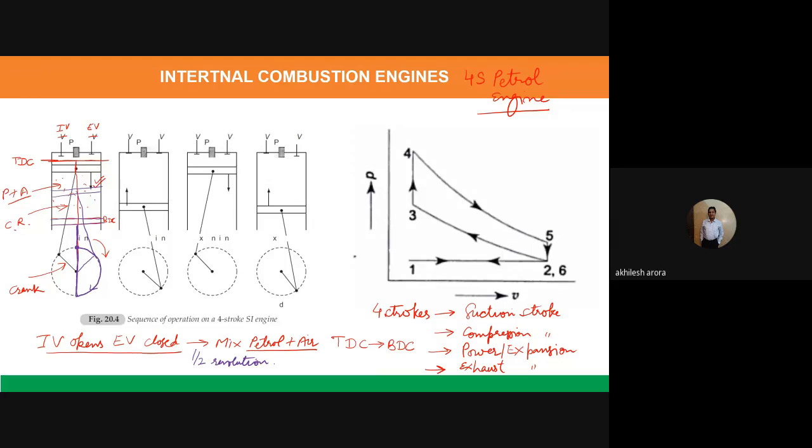Now consider the second stroke. The second stroke is the compression stroke. During the compression stroke, as I told you, the piston is here, the connecting rod is here, and the crank is here, and this crankshaft moves further, and because of its motion, the piston will be somewhere here.